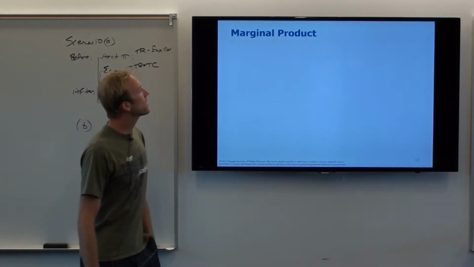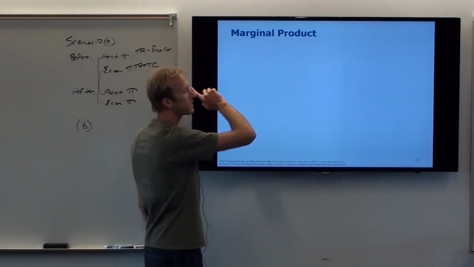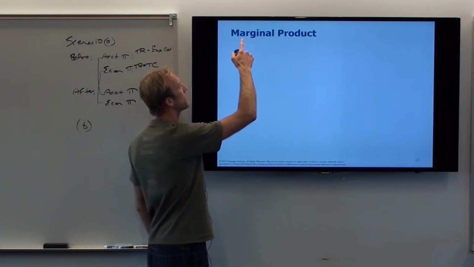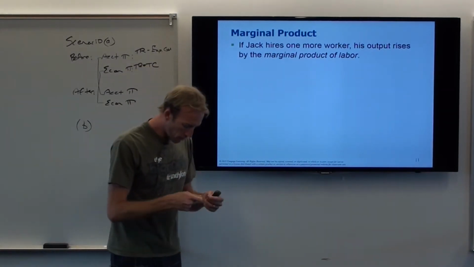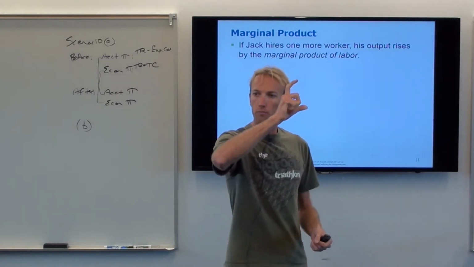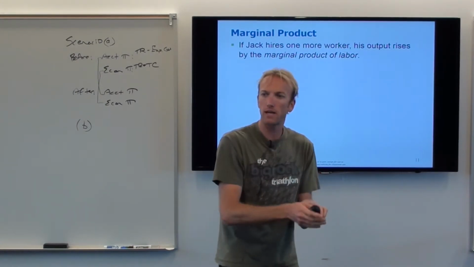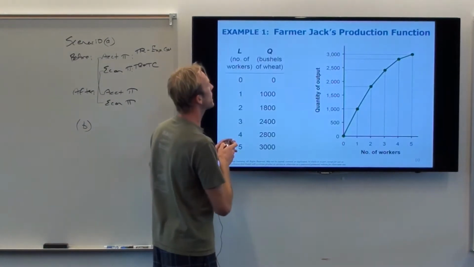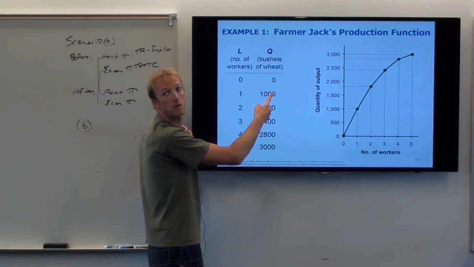So let's introduce marginal product. It's directly related to the production function. What does it mean? Every time Farmer Jack hires 1 more worker, his total production, the total number of products that he makes, goes up. Every time he hires 1 more guy, the total goes up.